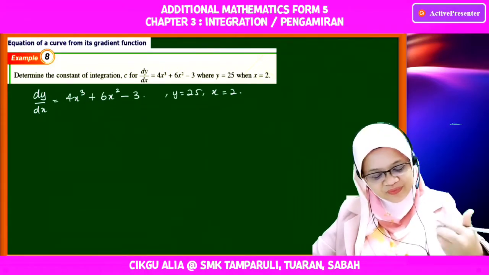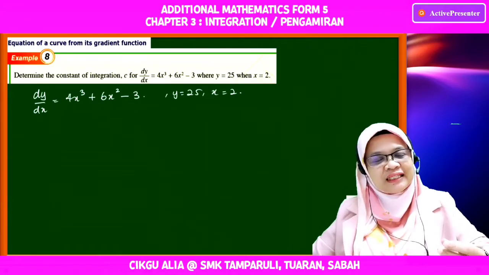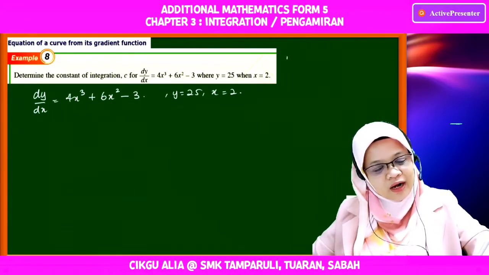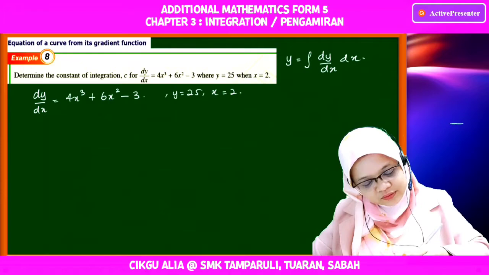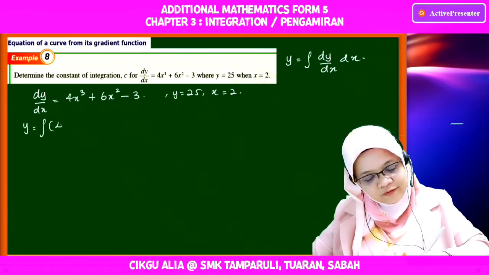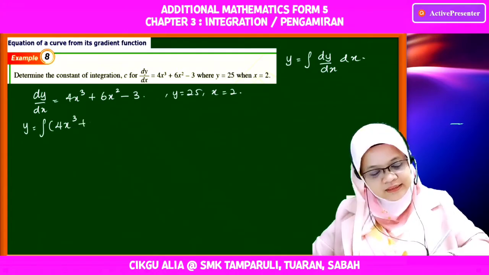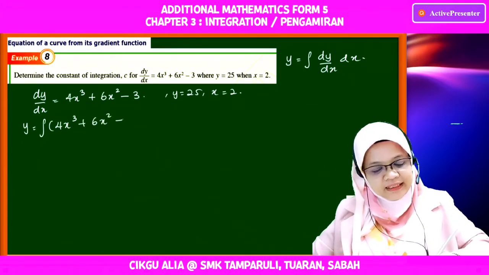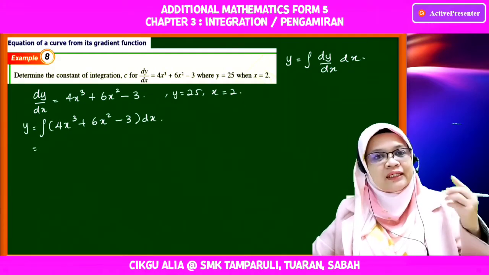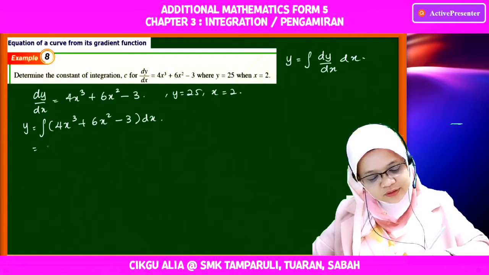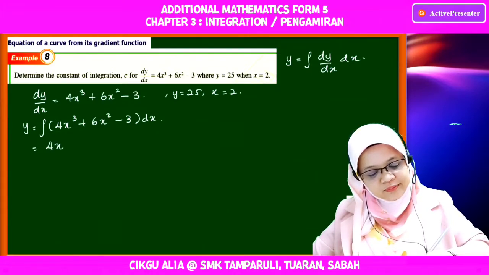y kita semula. Okey, so sebelum ni kita dah belajar bahawa y is equals to integration of dy dx against x. Okay, so y equals to integration of the dy dx, that is 4x power of 3 plus 6x square minus 3 dx. Okay, and this equals to, kita integrate term by term, so this equals to 4x power of 4 over 4.